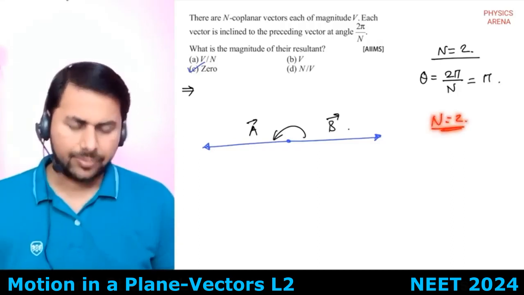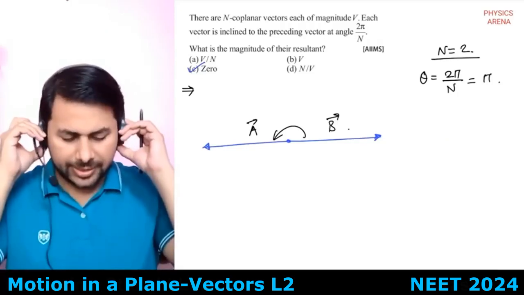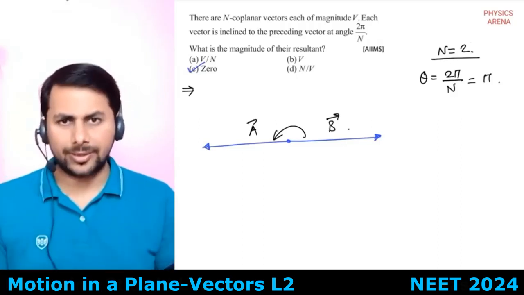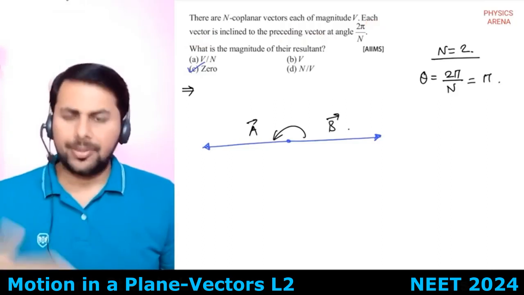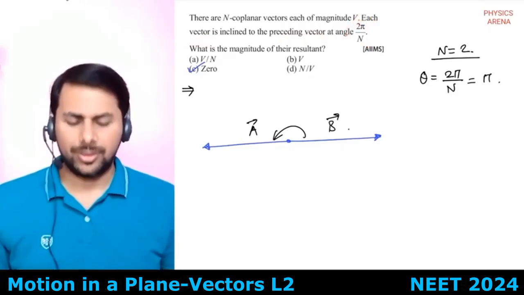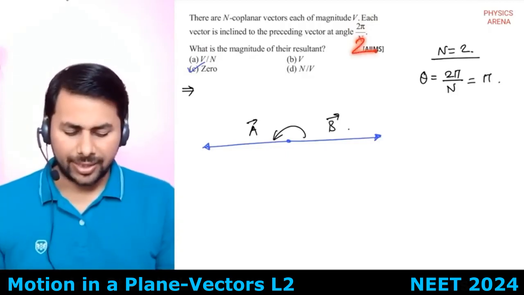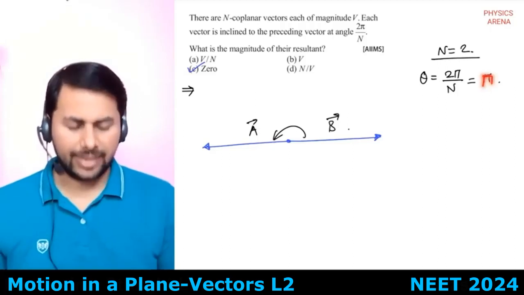There cannot be a simpler case than this one. So n is 2, that means I have two vectors. And what is given? They are inclined to each other at an angle of 2 pi upon n. So if n is 2, how much will be the angle? 2 pi divided by 2, right? That is, the angle is pi.